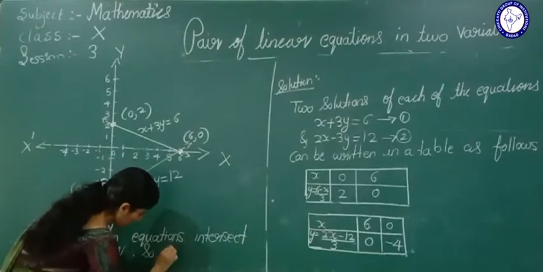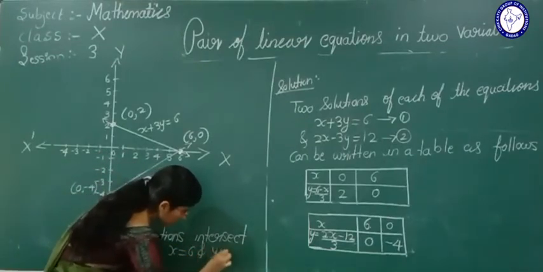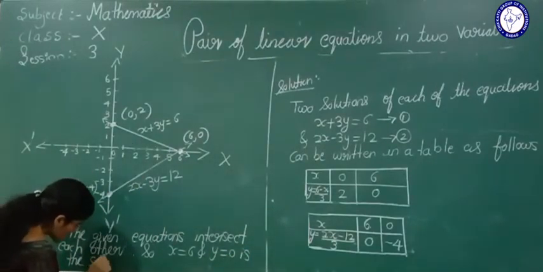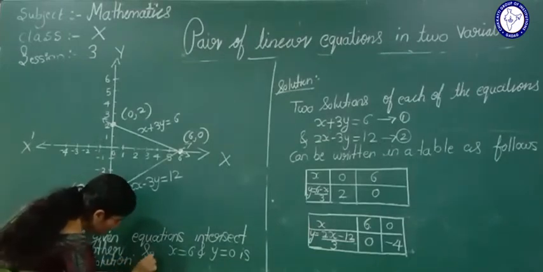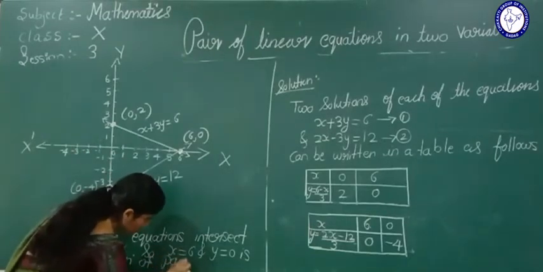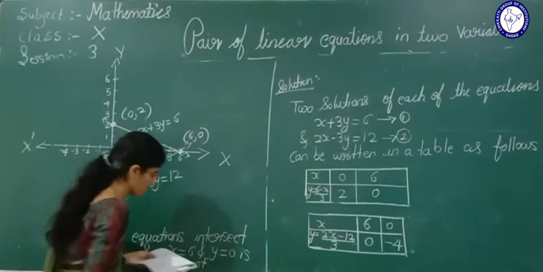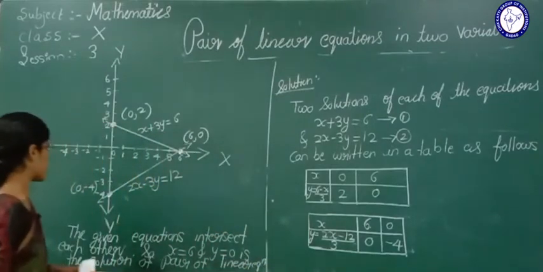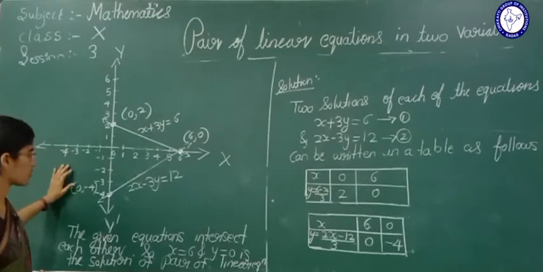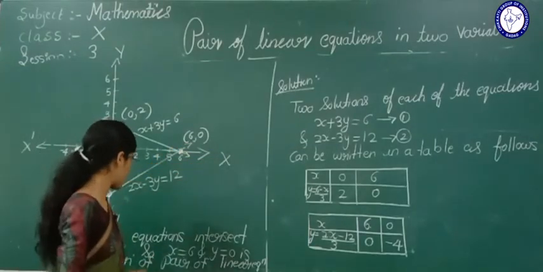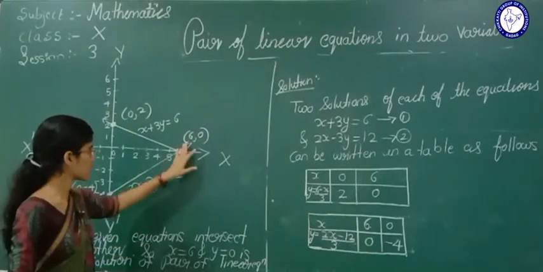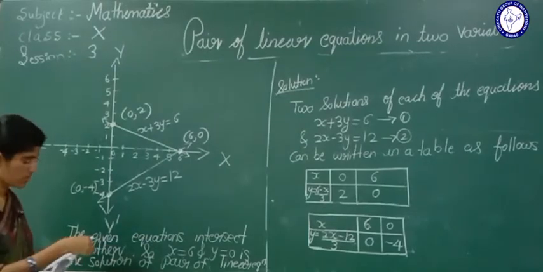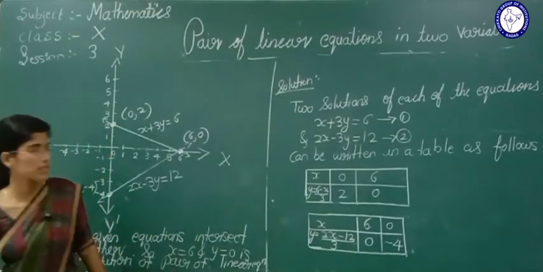So x is equal to 6 and y is equal to 0 is the solution of the pair of linear equations. The given pair of equations is consistent.